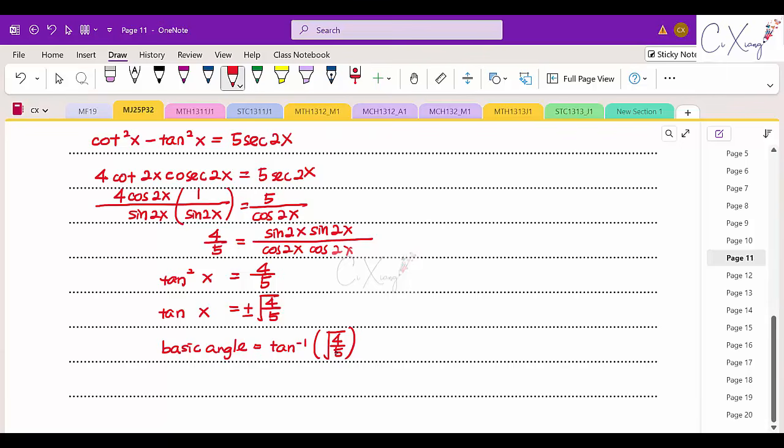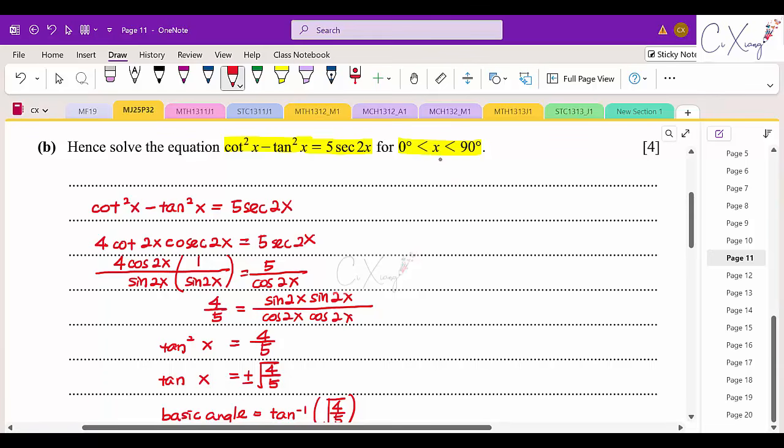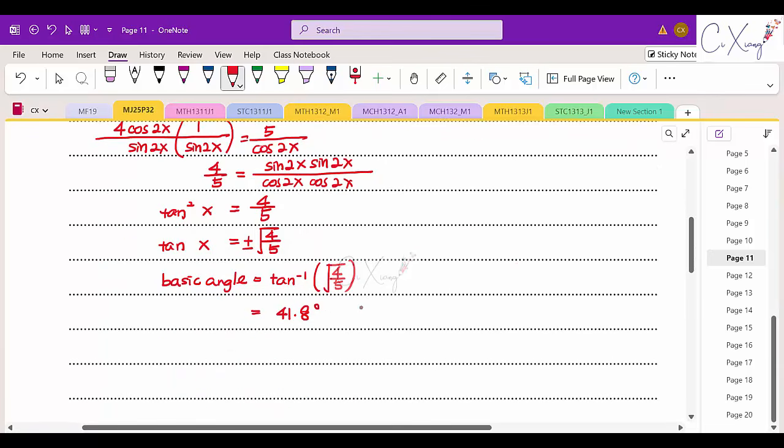Right, so if you didn't do any careless mistake, by right, your basic angle should be 41.8 degree. Just to double confirm, this one is in degree form, right? So it should be 41.8 degree. And then, I made another careless mistake just now. Do you aware where is it? For this one, when we're having sine 2x divided by cos 2x, the tangent that you get should be tangent 2x as well.